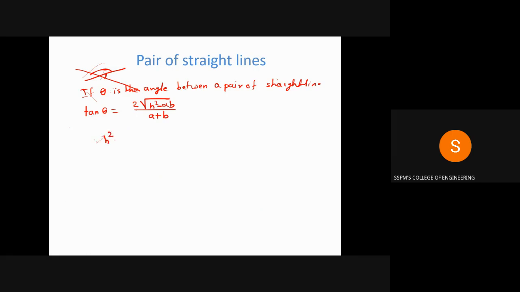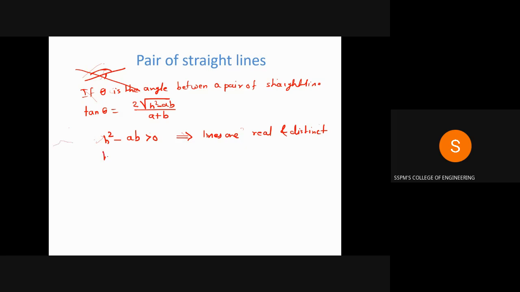If h square minus ab is greater than 0, it implies that the lines are real and distinct. Distinct means two different lines, with different slopes.